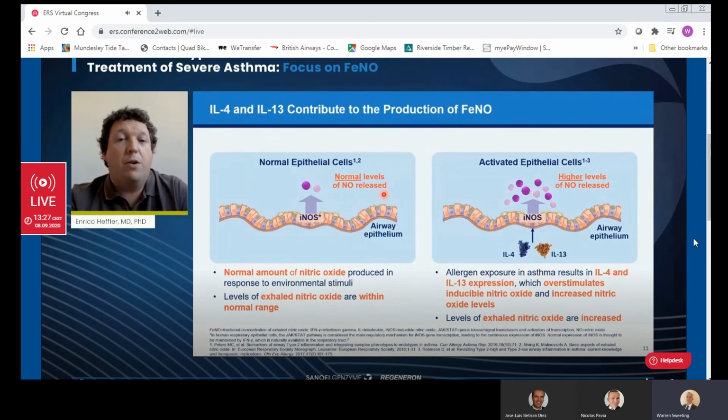This is why when you assess nitric oxide in a healthy subject, you may find a low concentration of nitric oxide. That is normal.